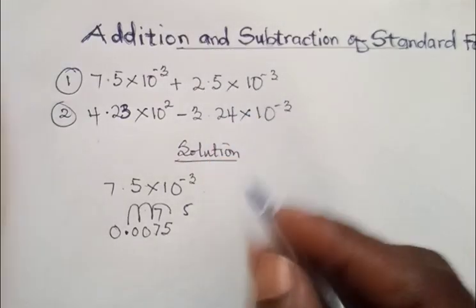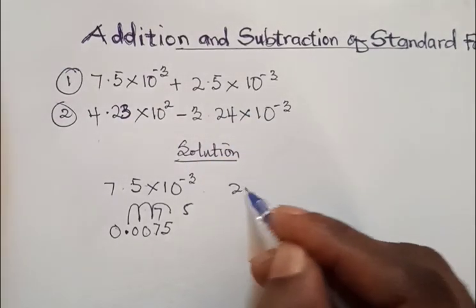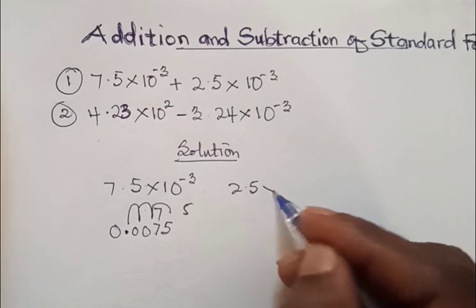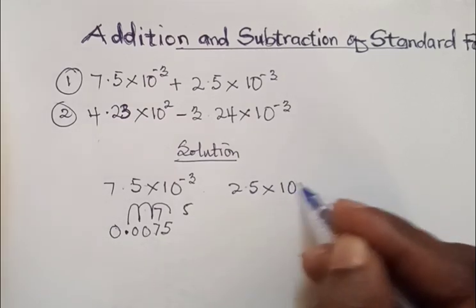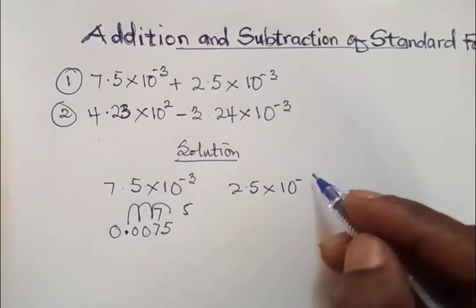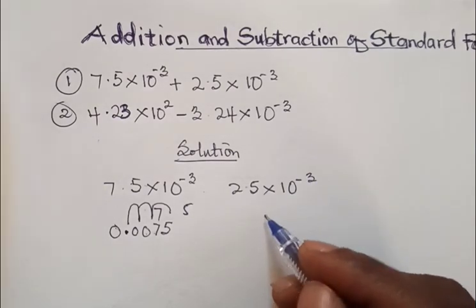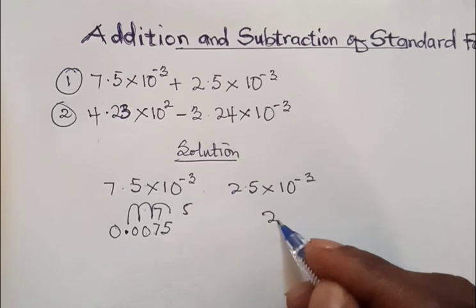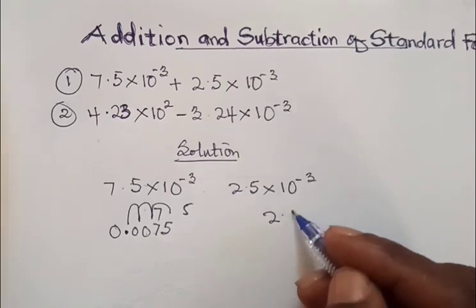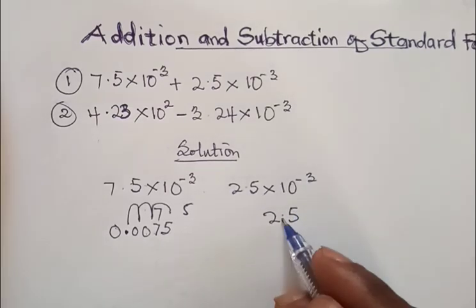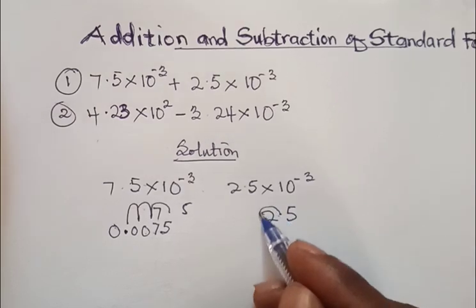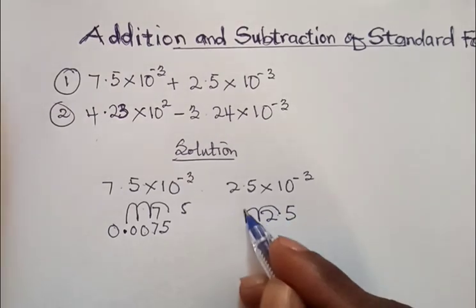Now let's also consider the 2.5 times 10 exponent negative 3. This one as well, we write 2.5, and we are moving from here. How many times? 3. 1, 2, 3.